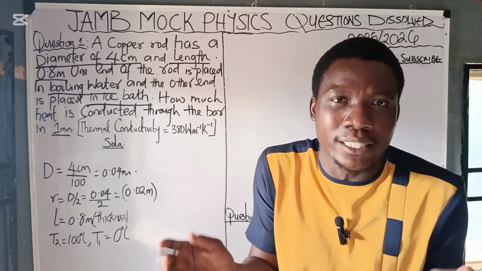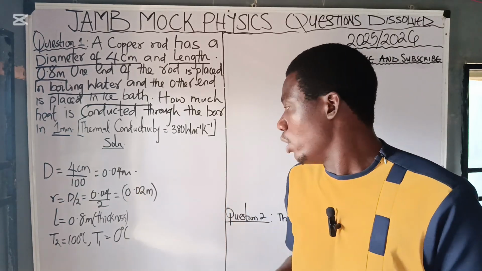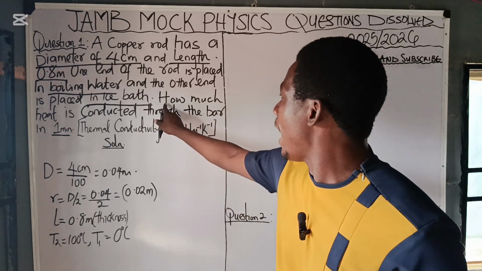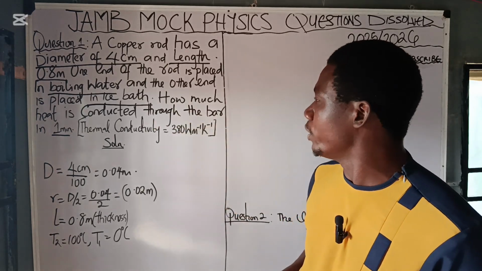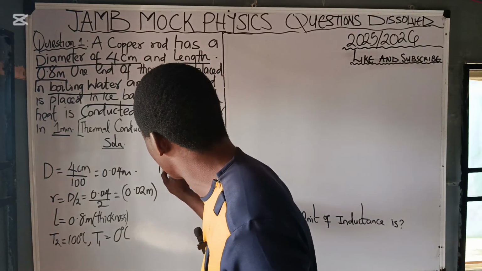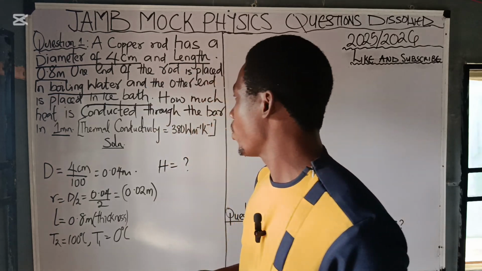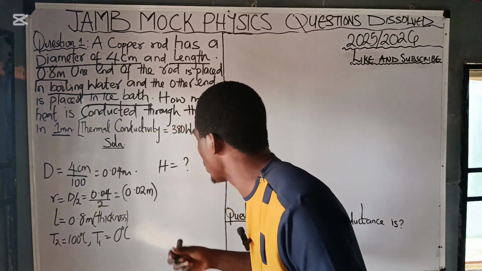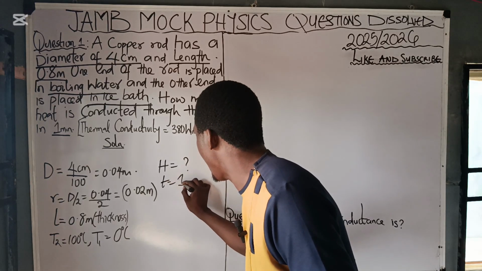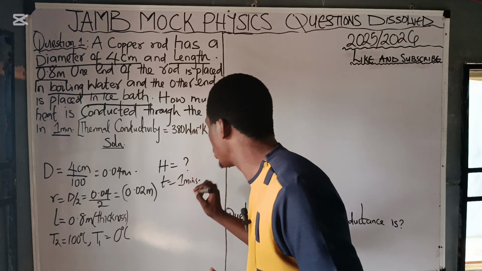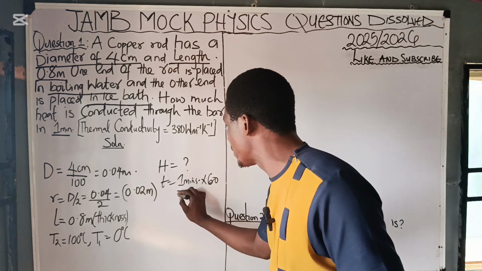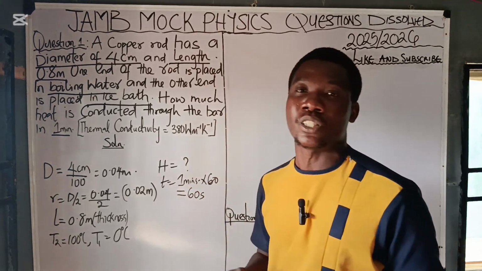Then, how much heat is conducted through the bar? We are looking for the quantity of heat, H, unknown, in 1 minute. So our time is 1 minute. Don't forget that we'll solve in seconds and not in minutes, so we multiply our 1 minute by 60 to give us 60 seconds.